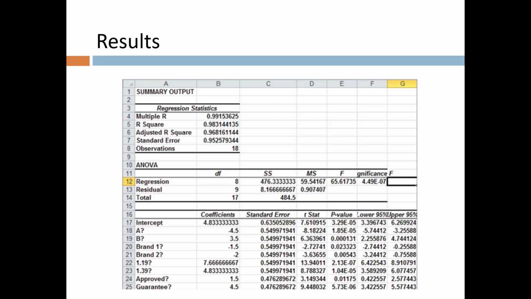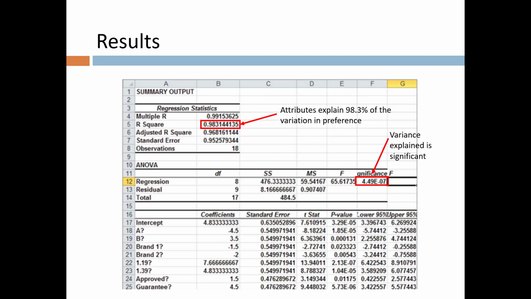Once we run the regression, we look at the key results, which are the R-squared, which here is 0.983 or 98.3%. This means the attributes explain 98.3% of the variation in preference, which is really nice. The significance of the F statistic, which indicates whether the R-squared is statistically significant.